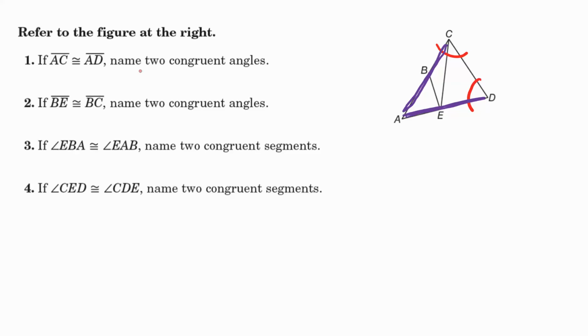So angle D. Angle C I'm going to have to name by 3 different letters because there are 2 different C's here. So angle ACD. I could also name this angle by 3 letters if I wanted to. I could also name it angle ADC.